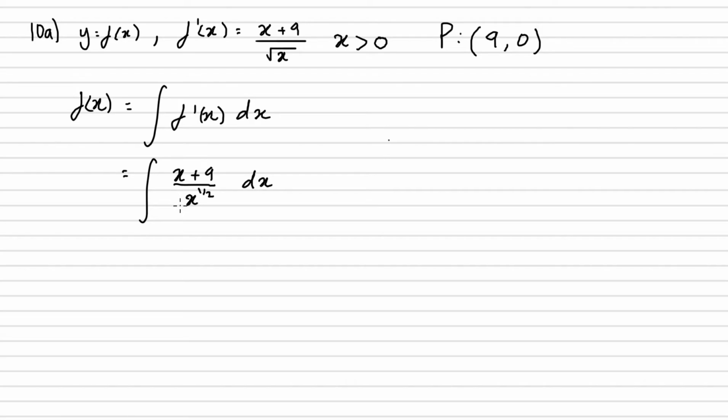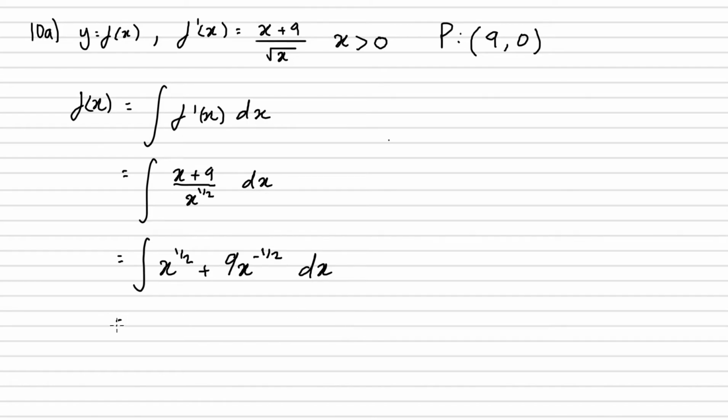So this is the same as x over x to the power of a half, and x has a power of 1 on it, and 1 minus a half is a half, so this is x to the power of a half, plus 9 over x to the power of a half. And we can use our indices rules again to bring up that x to the power of a half, so it becomes x to the power of minus a half with respect to x.